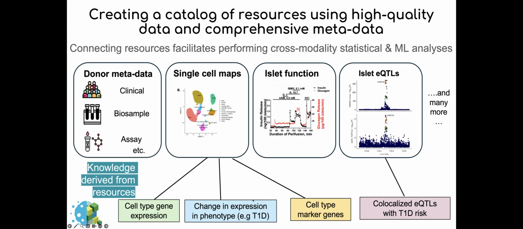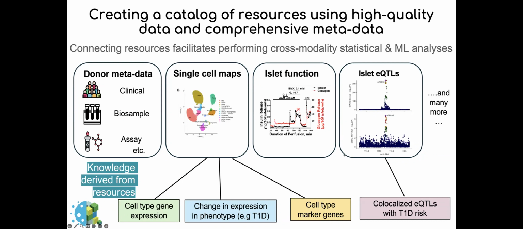We can ask whether or not there are changes in gene expression that are associated with a particular phenotype. We can also look at whether or not there are cell type marker genes, and of course look for co-localized EQTLs. So are there expression EQTLs in islet cell types that are associated with diabetes risk?